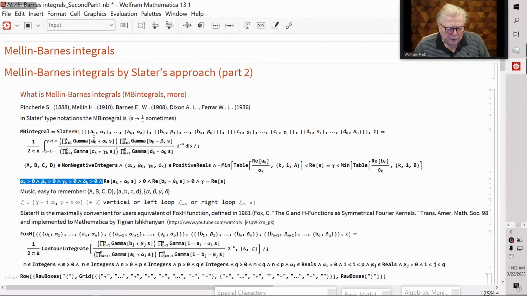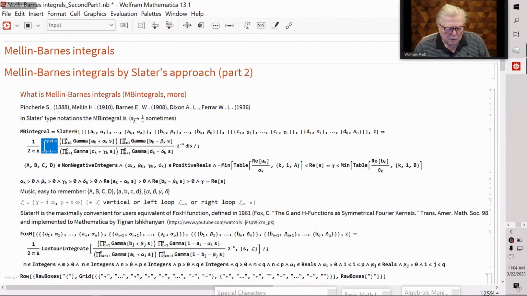And we have restrictions that this should be positive, in the sense that a gamma function from a positive value does not have poles. And the same here. The argument should be positive if we take s moving along a vertical line.